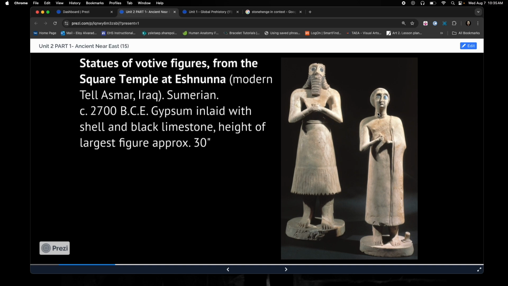Other than just being kind of weird looking, their function is also intertwined with some of the context. The function of these votive figures, since not everybody could be in the temple, these figures would be sent with the clergy to be placed in the temple to represent a family or a group of people living in a household.